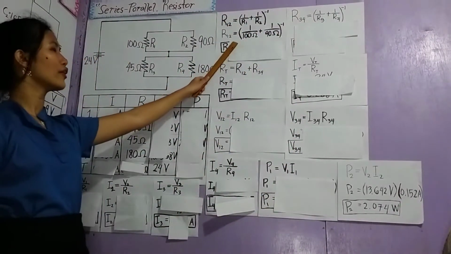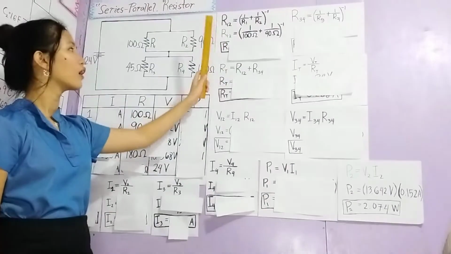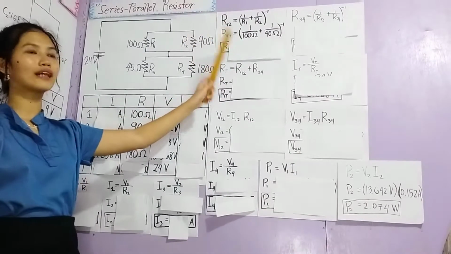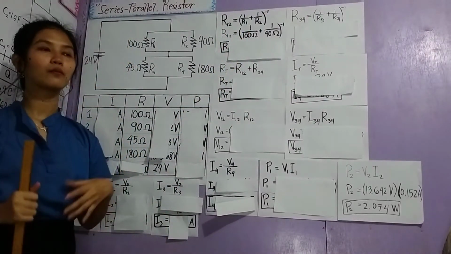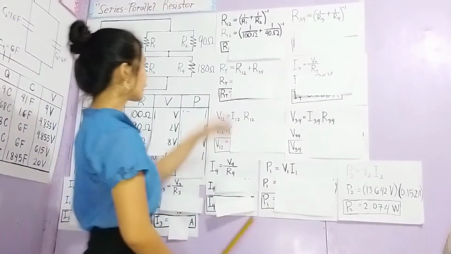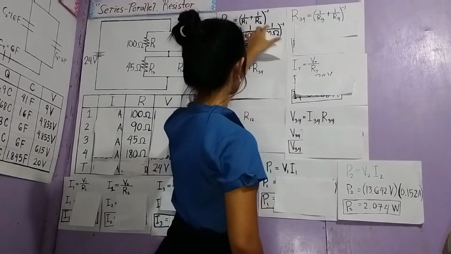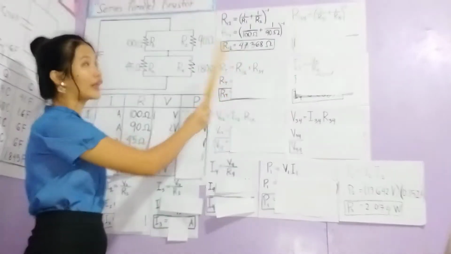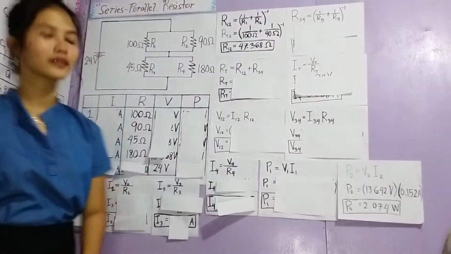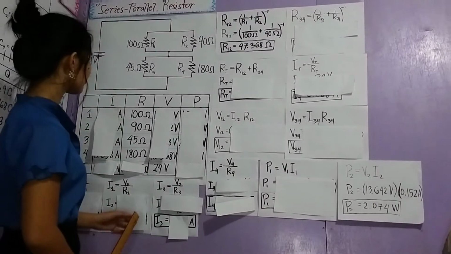We have 1 over 100 ohms plus 1 over 90 ohms times negative 1. Using the calculator, we will get an answer of 47.368 ohms.